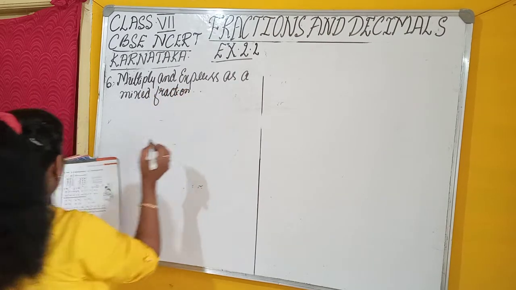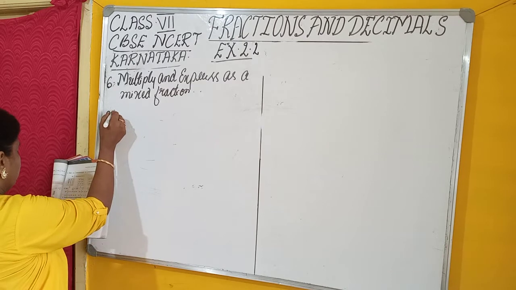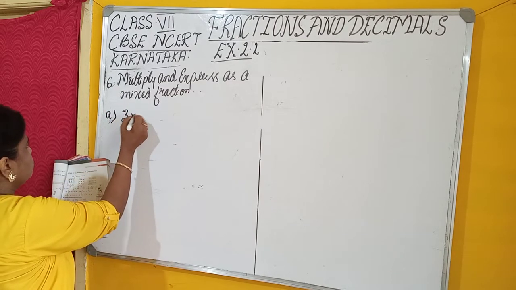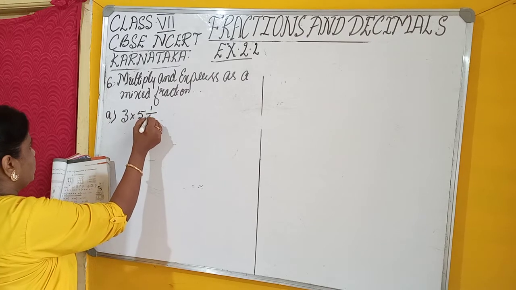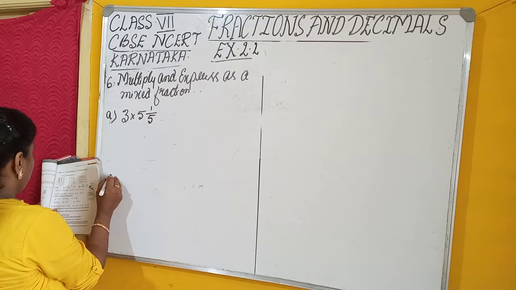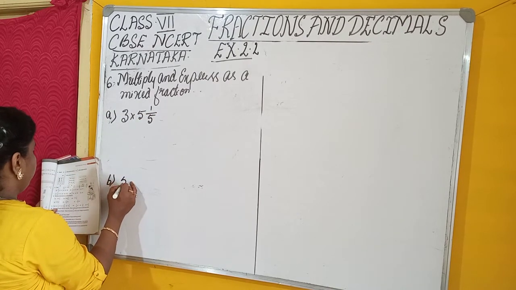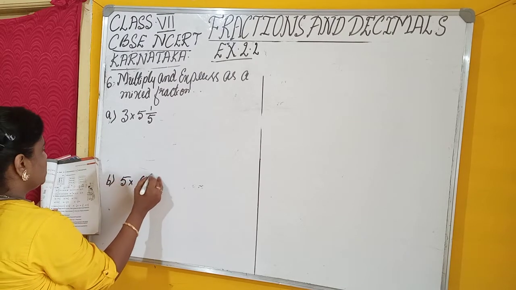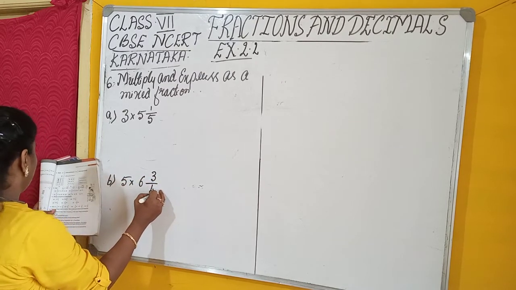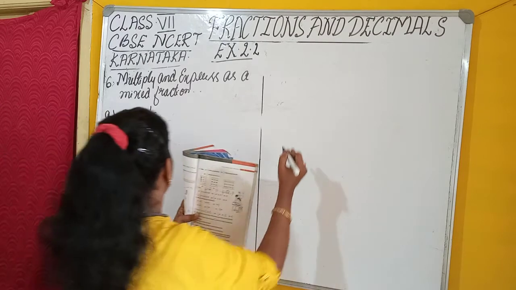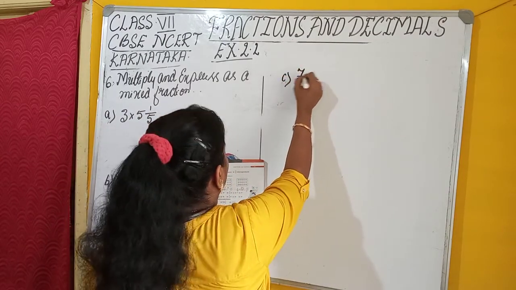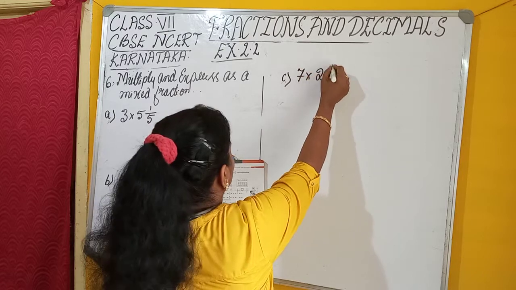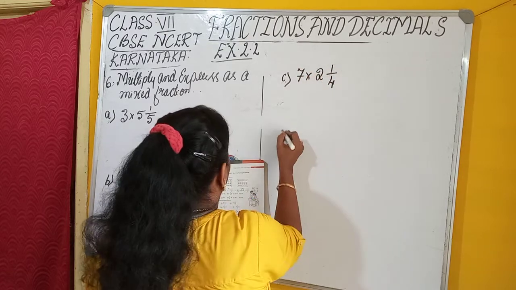First, what we have to do? We have to multiply. It is 3 into 5 1/5. And then 5 into 6 3/4. And then 7 into 2 1/4.